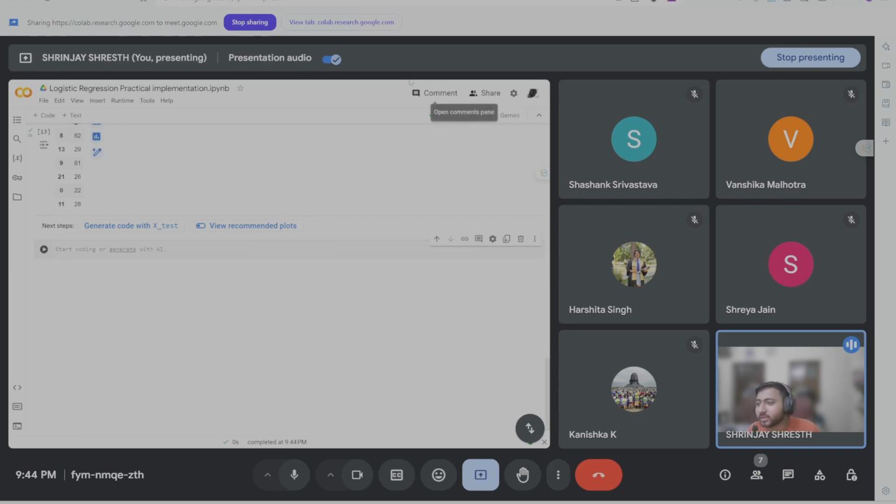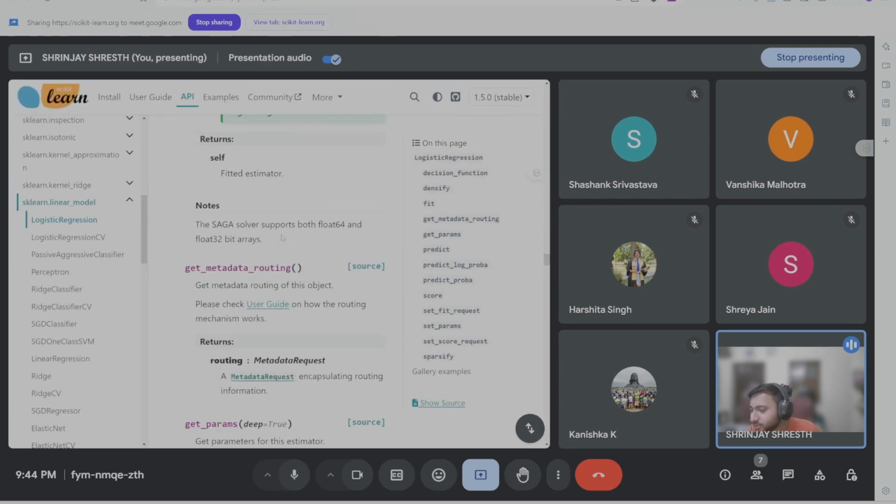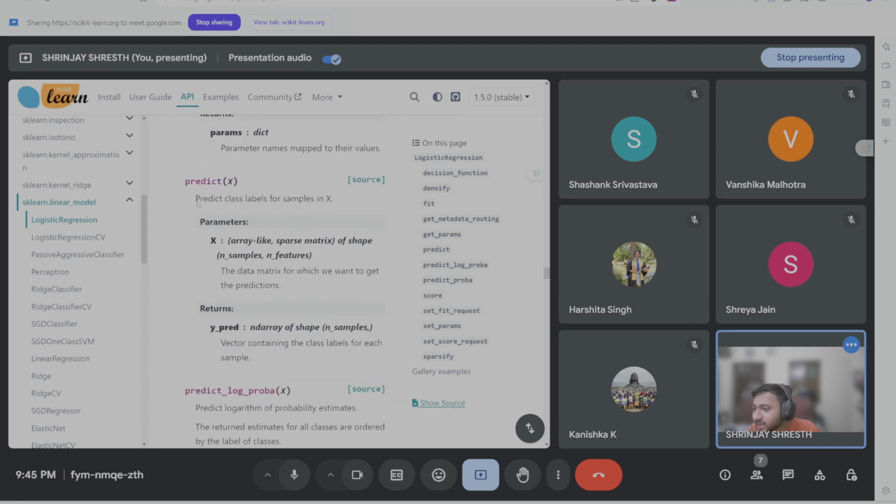Let's see if there is any function for predicting. Yes, there is this attribute known as predict, in which we have to pass x. And what will it give me? It will give me a vector, basically a matrix, containing the class label for each sample. For every sample, its corresponding prediction will be shown. Let us do it here.